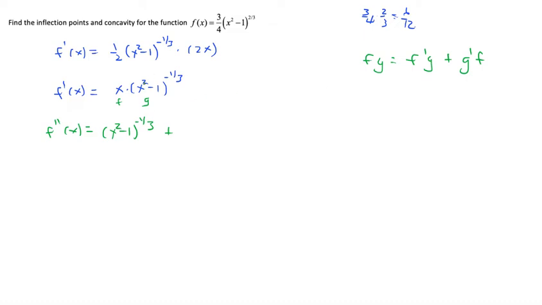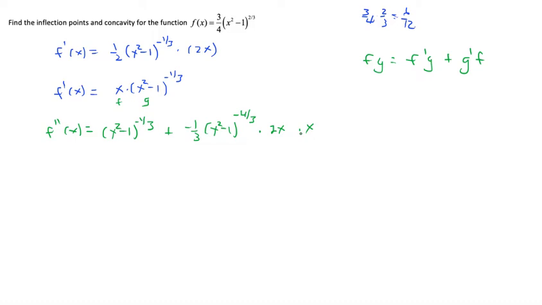So we have to find the derivative of the g function, which is this guy right here. Once again, using the power rule, we get negative 1/3 (x squared minus 1) to the negative 4/3, times the derivative of x squared minus 1, which is 2x, and of course still times f, which is that x term.